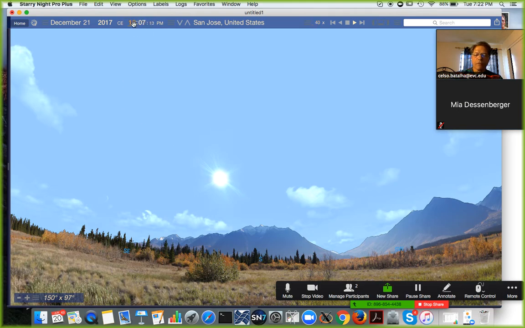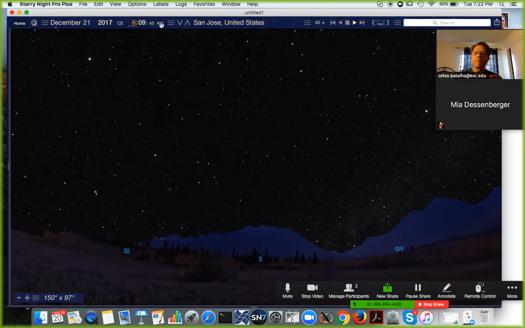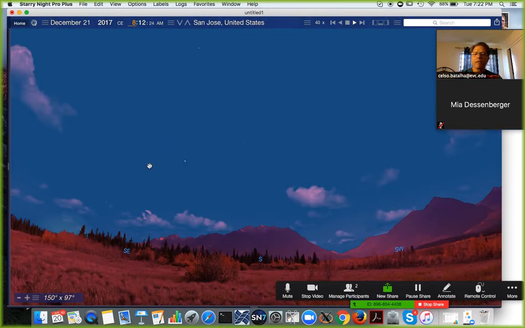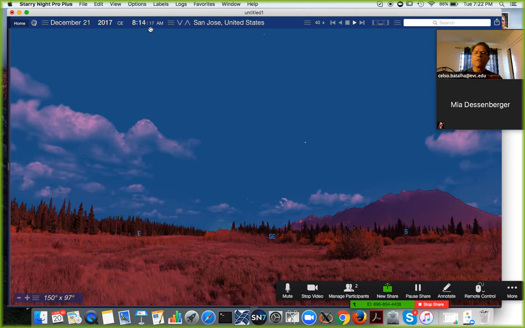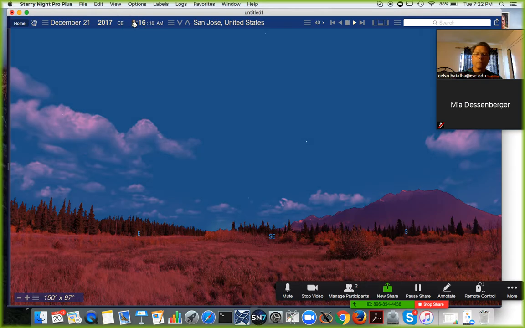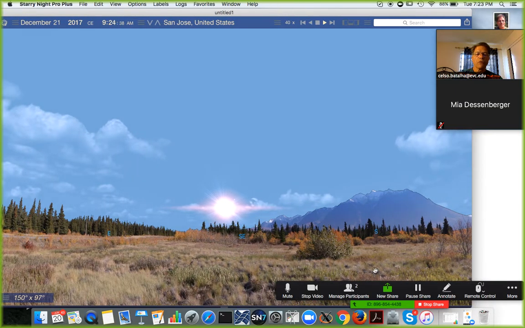If we observe this at 6 a.m., 6 a.m., or more, 8 a.m., the sun is close to, there you go. Past 9 a.m., the sun is pretty much rising in the eastern sky in December 21st, and it is rising very much close to due south. That is at 9 a.m., I'm sorry.